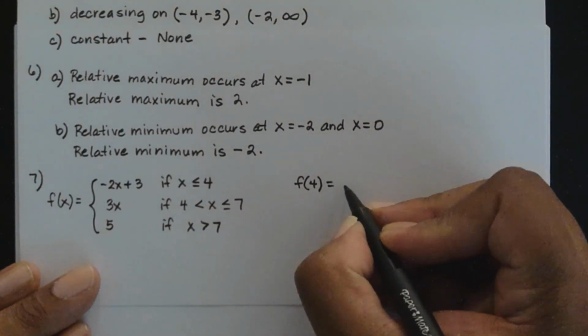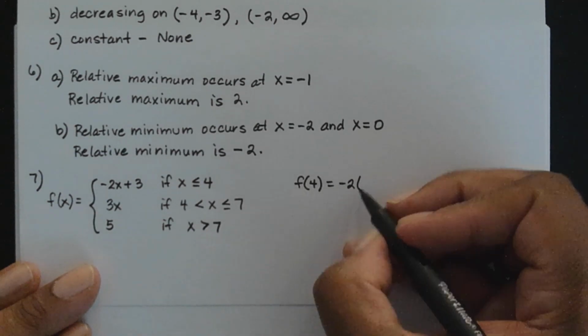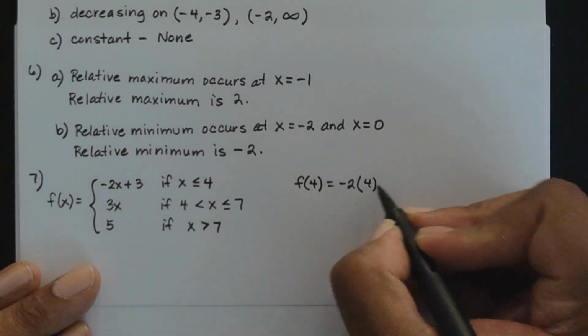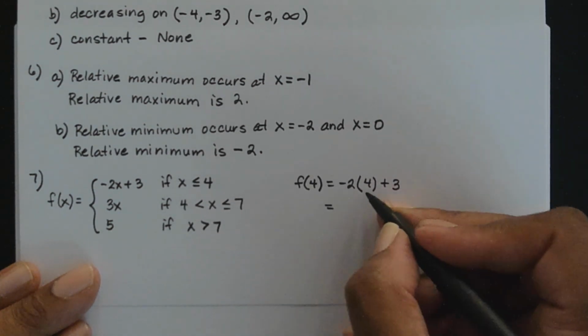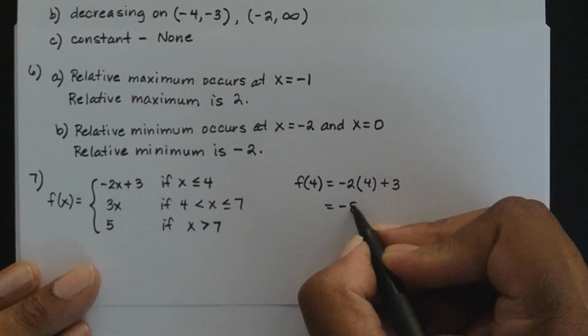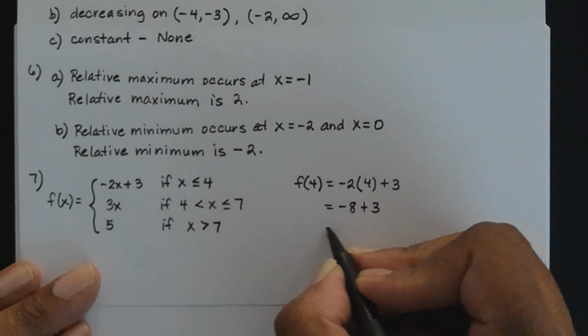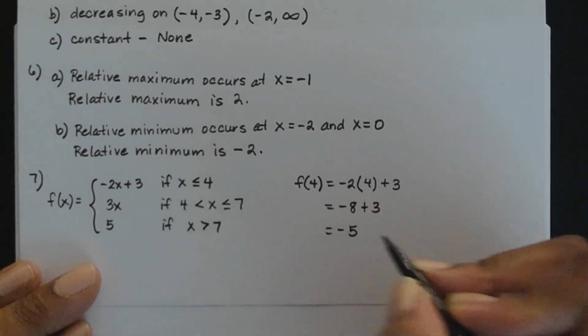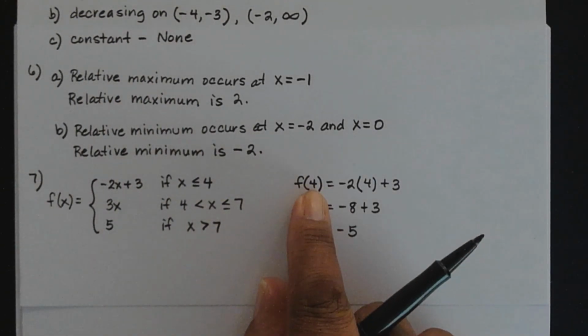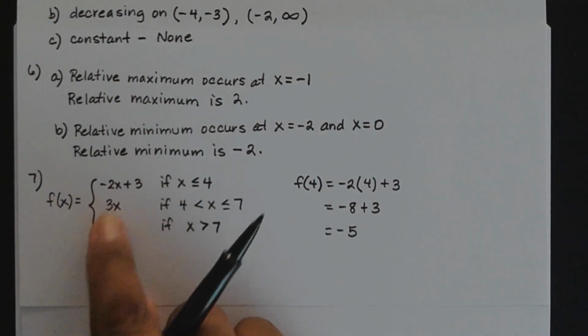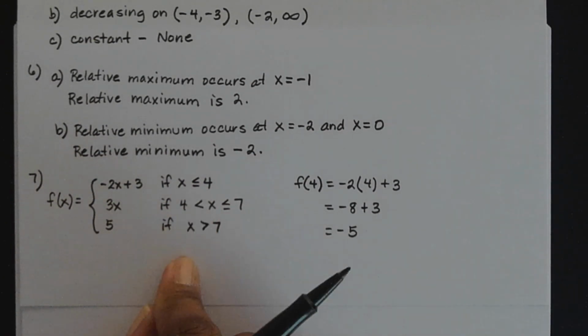So we've got -2 times x, which is, in this case, 4. We'll replace the x with 4, plus 3. So negative 2 times 4 would be negative 8. And negative 8 plus 3 will be negative 5. So the value of that piecewise function when x is equal to 4 will be negative 5. So keep in mind, that's your x value. That will dictate which one you need to use based on those conditions.